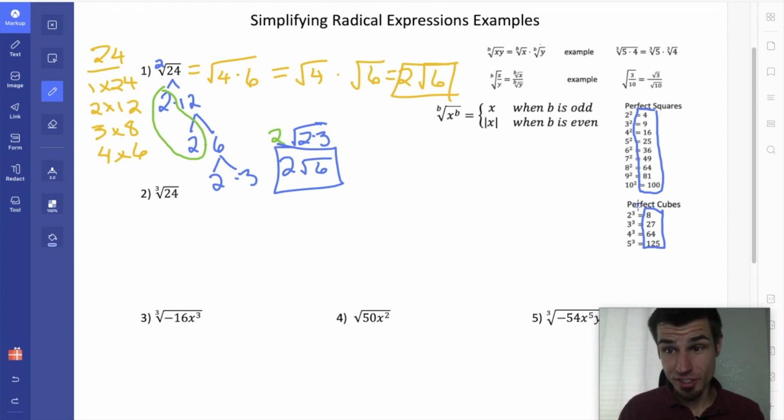So remember, looking over here, I've written some perfect cubes so that we can reference these different numbers. Because if we can find factors that are perfect cubes, we're in business, right? I already have the factors of 24 here, and you'll notice that the first perfect cube here, 8, is right here. So let's rewrite 24 as 8 times 3.